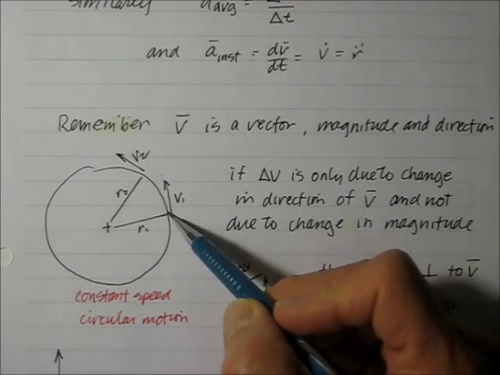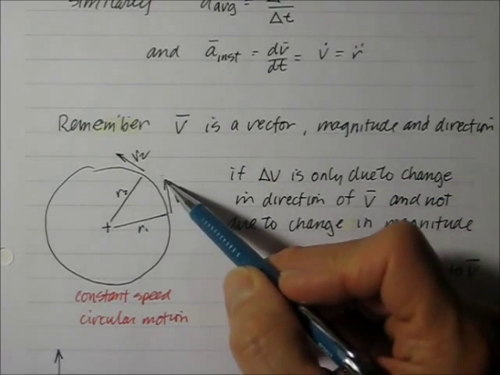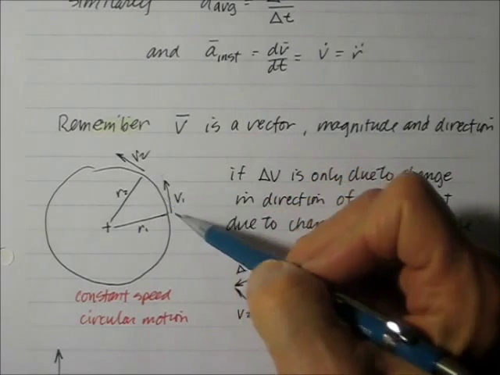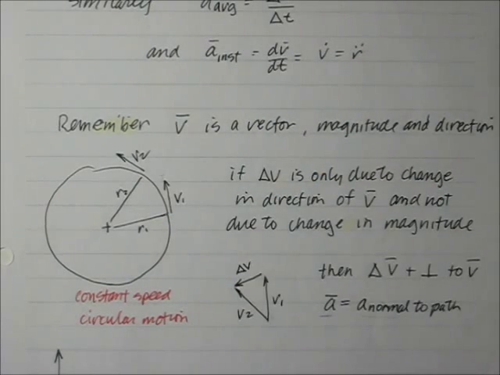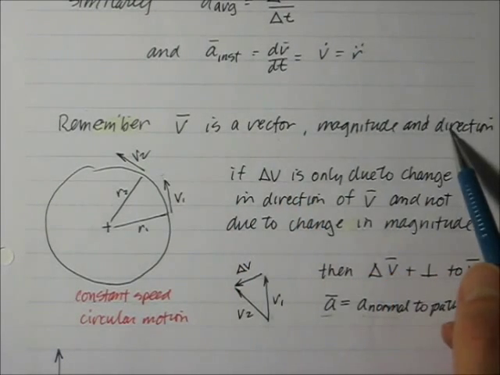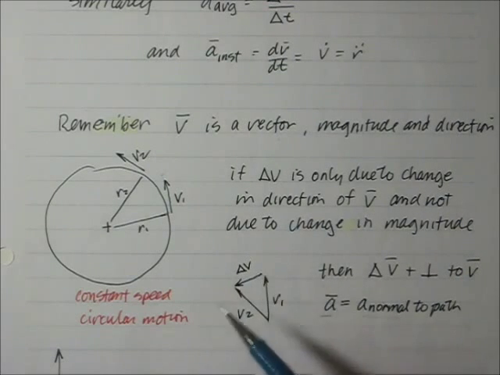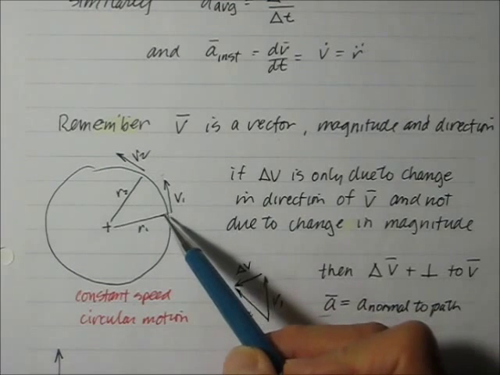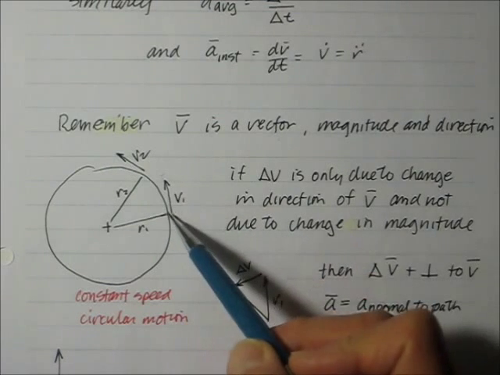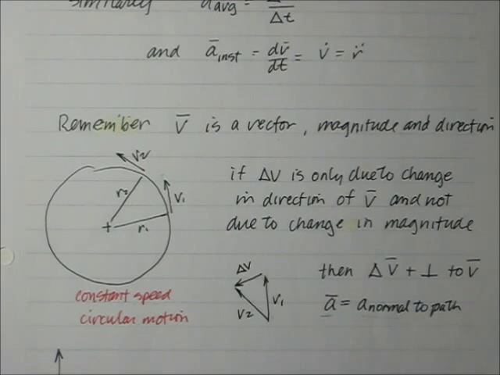Constant speed means that the speed is not changing, and so the magnitude of the velocity vector is going to be a constant. But because velocity is a vector having both magnitude and direction, can we say that the velocity is constant? Well, the answer is no, because even though the speed is constant, the direction is changing. So velocity is definitely changing.